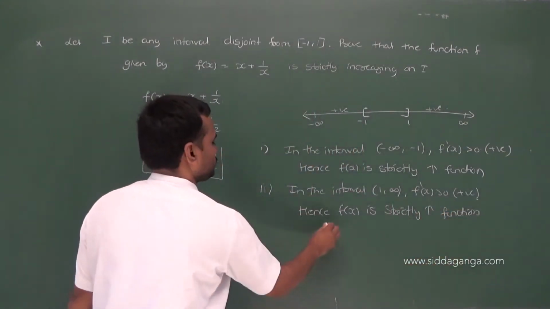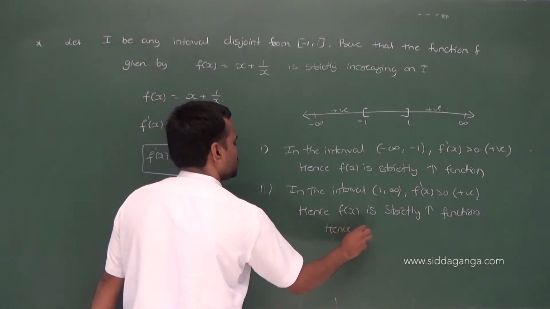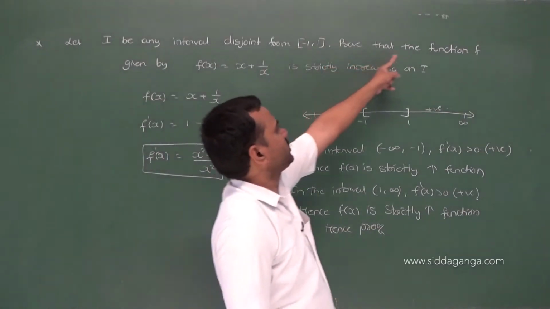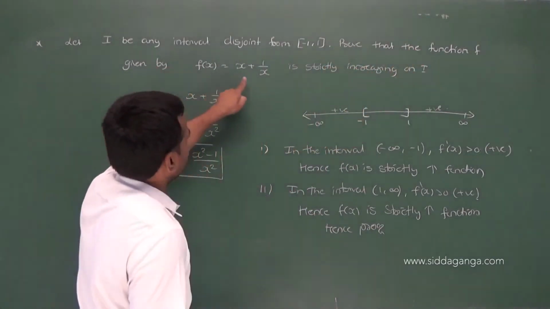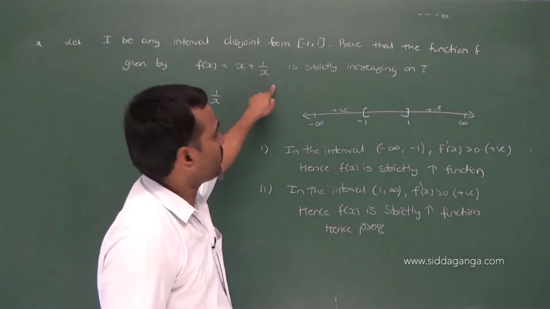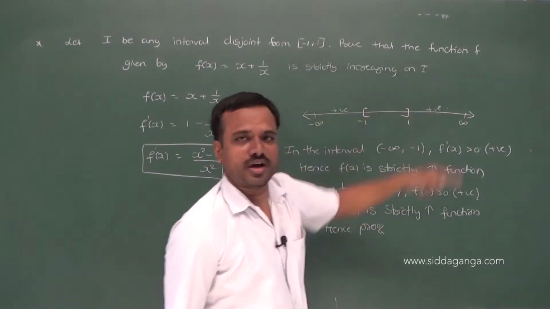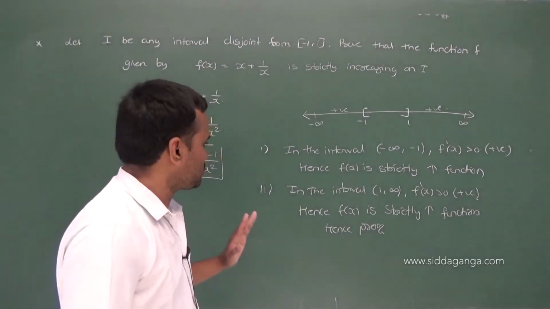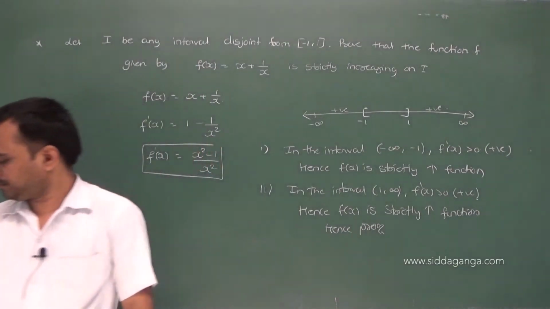Hence proved. Just write one simple sentence. Hence proved, because what he asked is to prove that the function f given by f of x is equal to x plus 1 by x is strictly increasing on I. Yes, it is strictly increasing on I. See this problem? Next problem.